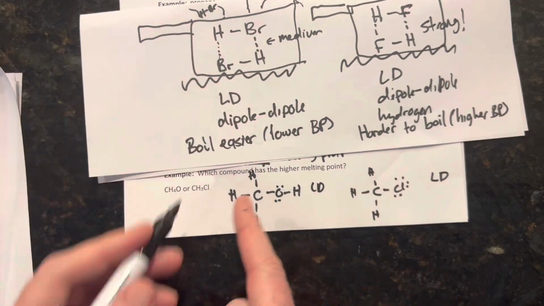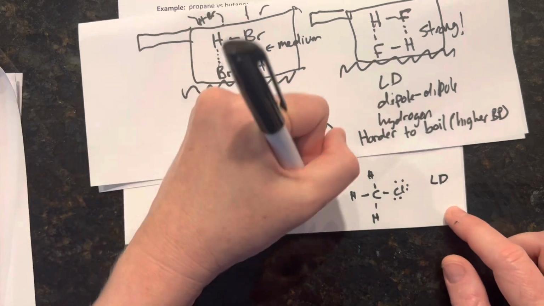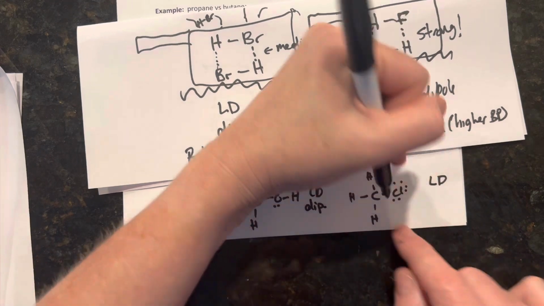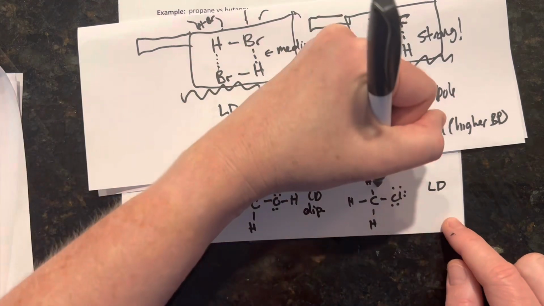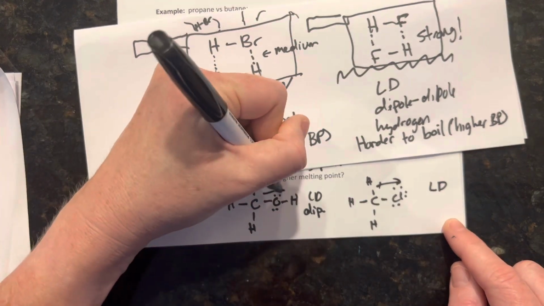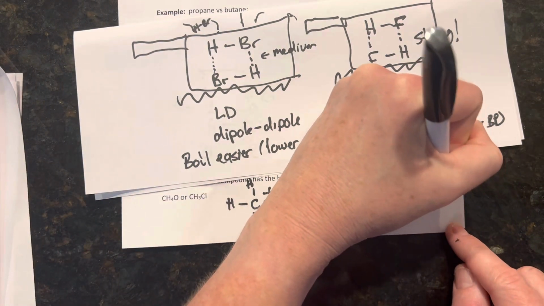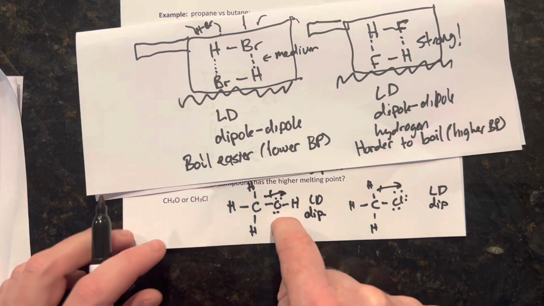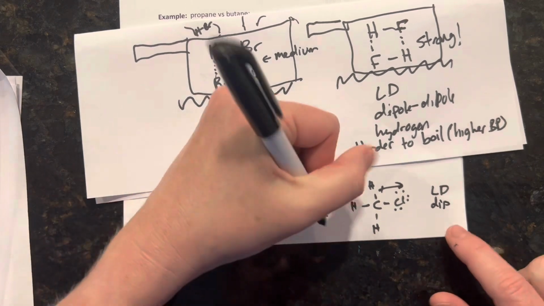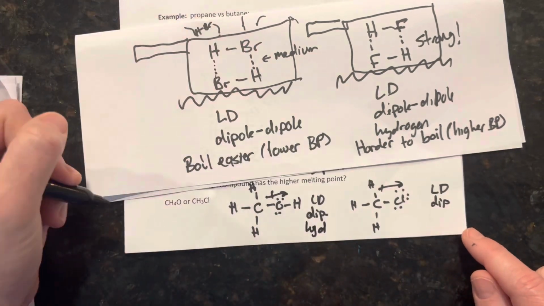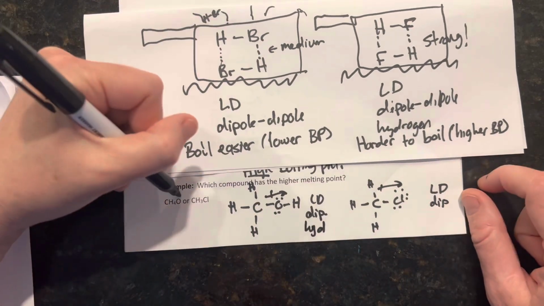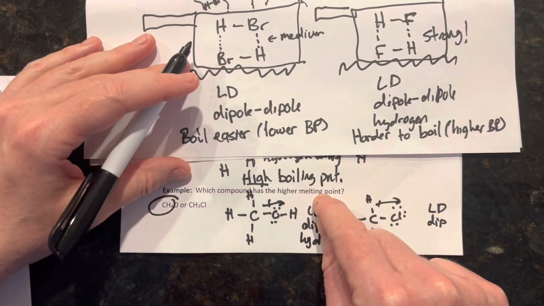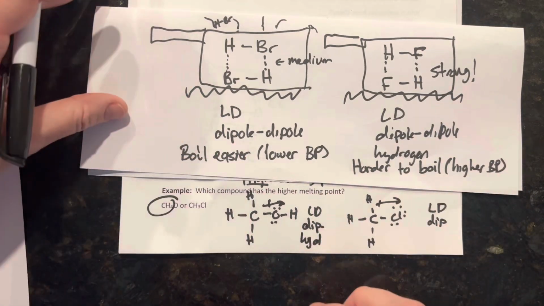This one is electronegative. It's got this oxygen pulling it this way. This has dipole. This one also has dipole. Remember, chlorine's in the 7th column, so it's pulling electrons that way. This one's got that. So it has dipole. But the difference between them is this has an OH, an ON, or an OF. It's got an OH. So it's got hydrogen. And this one has no hydrogen. And that's why this one is going to have the higher melting point. Higher melting point. It'll turn into a liquid more easily.